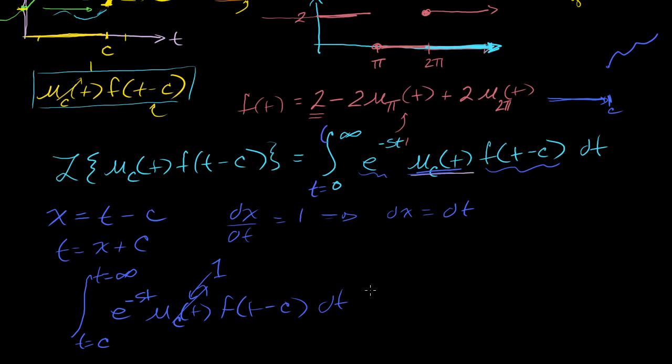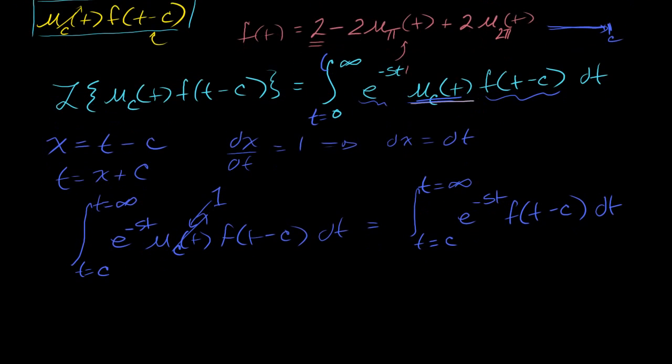It's just going to be 1 this entire time. So our integral simplifies to the definite integral from t is equal to c to t is equal to infinity of e to the minus st times f of t minus c dt. And this will simplify it a good bit. I was going down the other road when I did the substitution first, which would have worked, but I think the argument as to why I could have changed the boundaries would have been a harder argument to make.